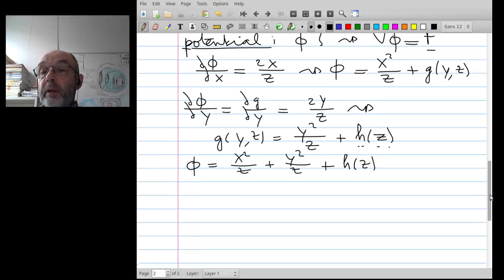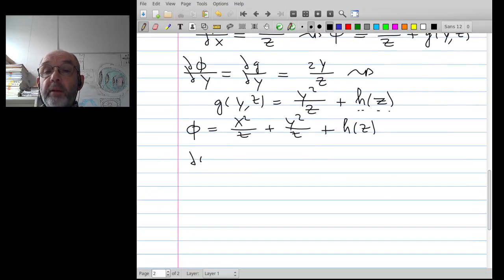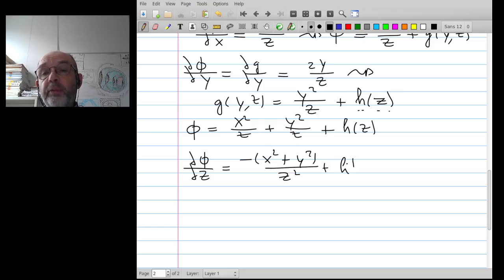Now we differentiate that function with respect to the z variable, and we get minus x squared plus y squared divided by z squared plus the derivative of h, and that one has to be equal to the third term of your vector field.